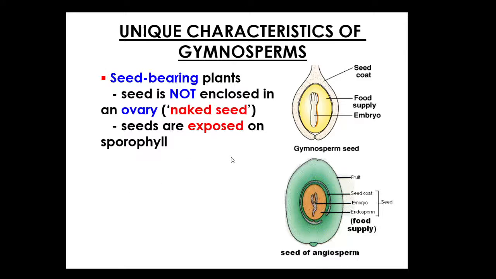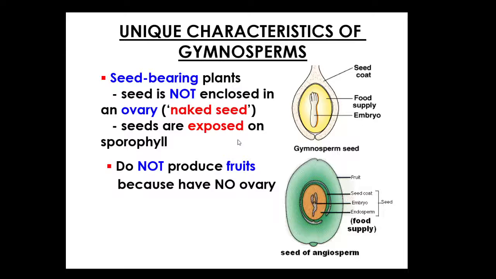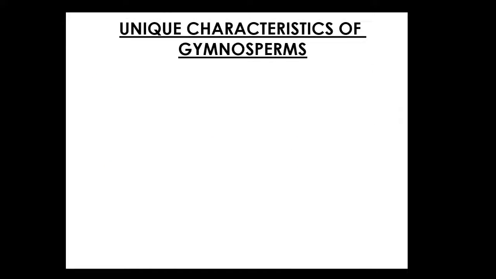For gymnosperms, they don't have that fleshy fruit layer, and the seeds are exposed on the sporophyll. Gymnosperms do not produce fruits because they have no ovary, and all gymnosperms are heterosporous.